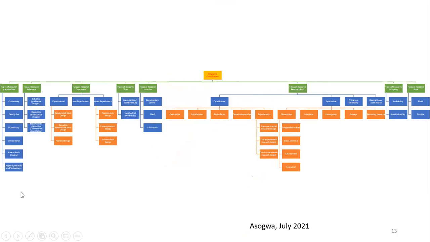The first one we did, where we had 8: types of research based on the papers; types of research based on the inference, the conclusion, or the idea generated; based on the experiment; based on time; based on location; based on the method of data; based on the sampling; and finally, based on the scale.